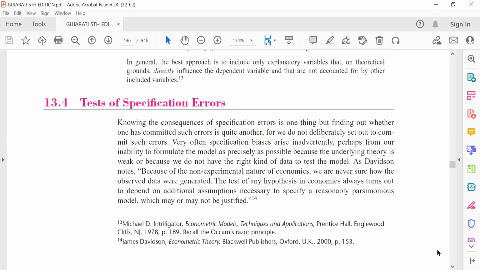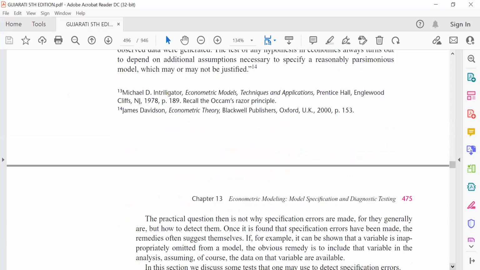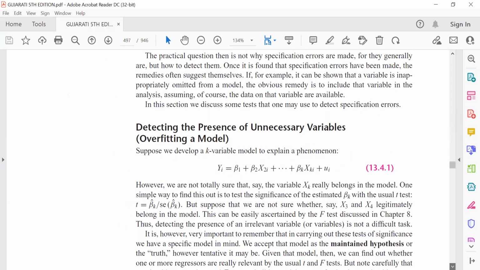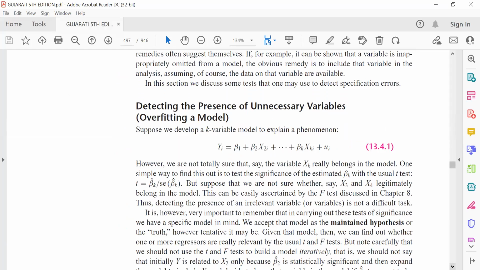Okay, how to test for specification error. One is detecting the presence of unnecessary variables, or an overfitting model. Okay, suppose we have this model. However, we are not totally sure that the Xk variable really belongs to this model. One simple way to find out is to test the significance of the estimated beta k with the usual t-test.